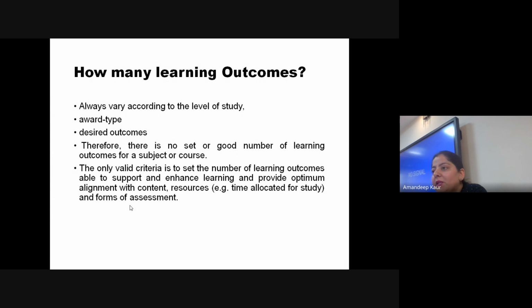If it is simple, it is possible for the teacher to achieve 3 or 4 learning outcomes. If the topic is complex by nature, maybe the teacher is only able to demonstrate 1 or 2 learning outcomes. So how many learning outcomes varies according to the level of the study.